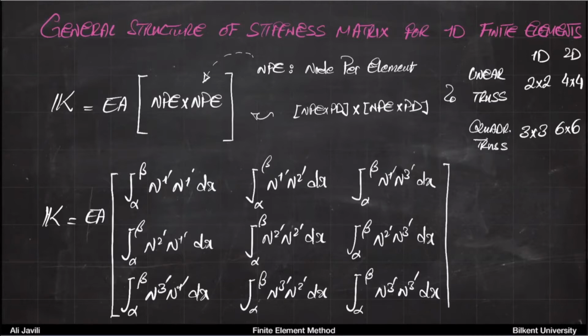I don't know if you can see it, but also the determinant of this is 0, but that is more difficult to see. But it is true. So that would be quadratic truss element.